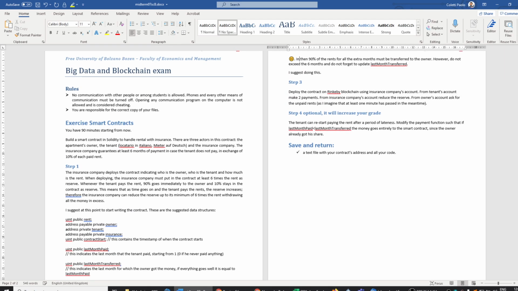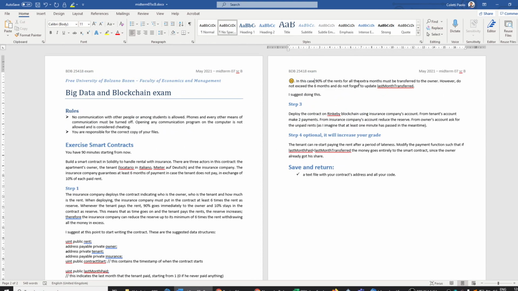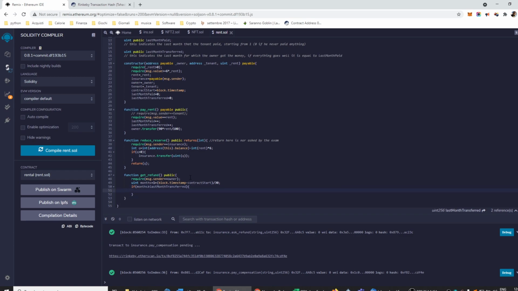In this case, 90% of the rents for all the amounts must be transferred to the owner. So if amounts is larger than this one, there are unpaid rents here. So owner dot transfer.